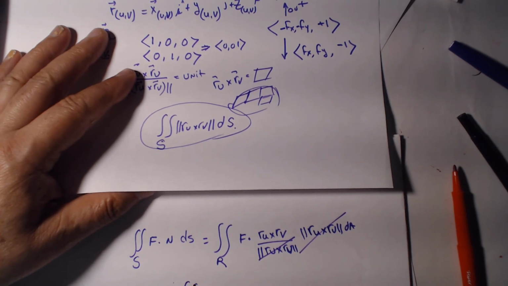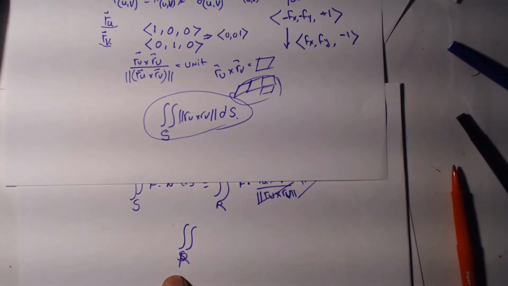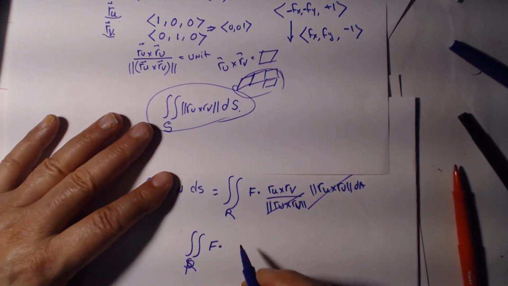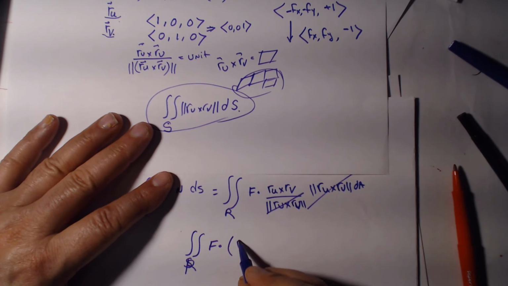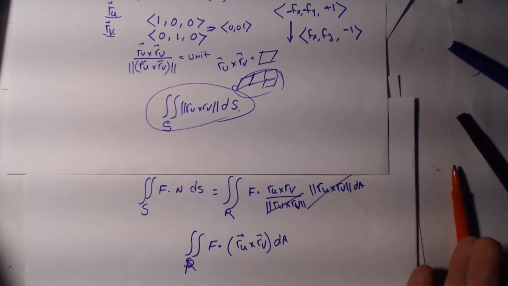Therefore, if you do have a vector field over a surface, you need the region that the surface is built upon, and you need the vector field dotted with the cross product of R U and R V times the area of a region.